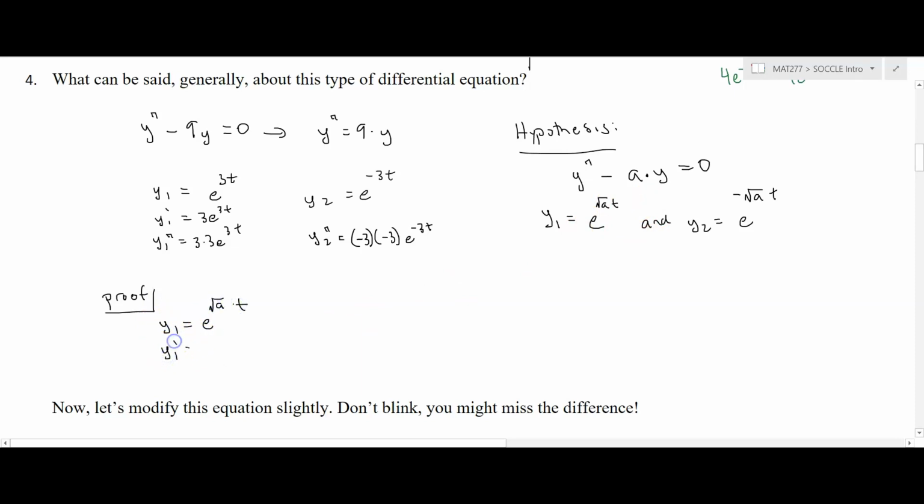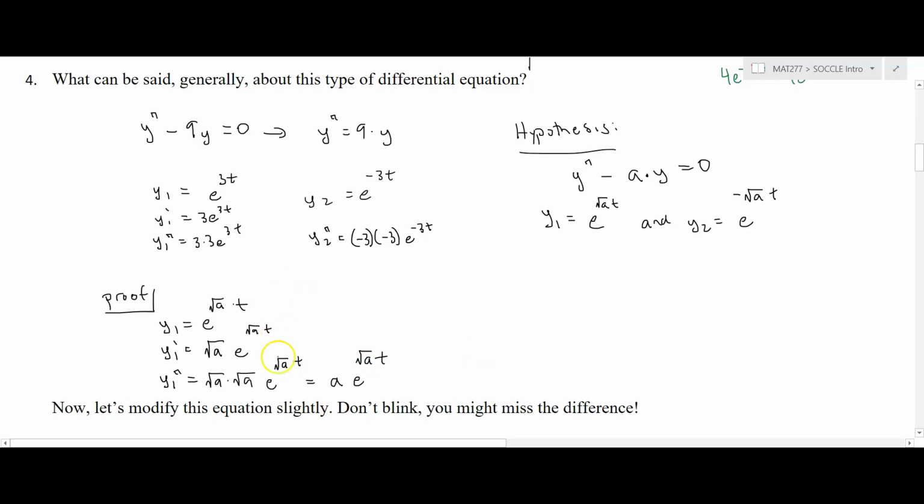Its first derivative would bring that first instance of the square root of a down, so square root of a, e to the square root of a t. And then the second derivative would bring the square root of a down again, and you'd have square root of a times square root of a, e to the square root of a times t. Now that's going to give us a, since square root of a times square root of a is just a, e to the square root of a times t.